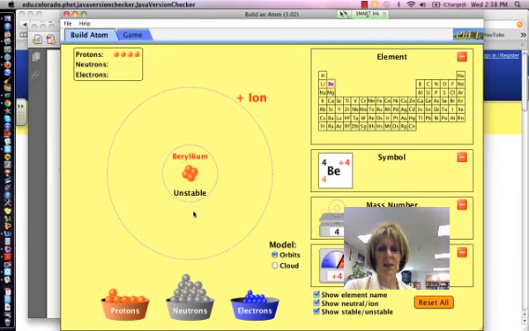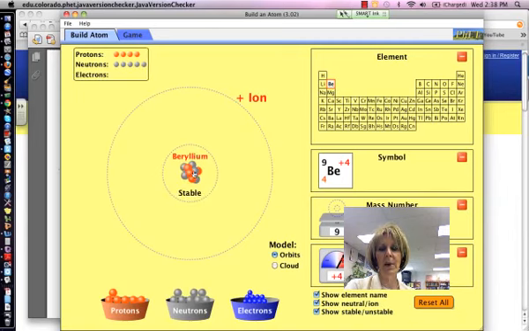So in order to make this nucleus stable, I need to add some neutrons. A neutron weighs 1 AMU. Notice when I'm adding neutrons that I am also increasing the mass number. The mass number is the number up here in the upper left, that is the number of protons plus neutrons.